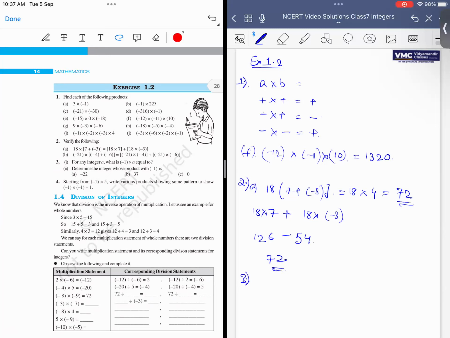Third question, for any integer a, what is minus 1 times a? That is minus a. That is the first part, and the second part says, determine the integer whose product with minus 1 is minus 22. So minus 1 times a positive integer will give minus 22.